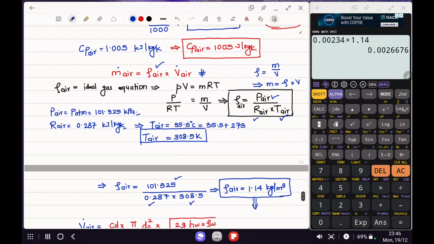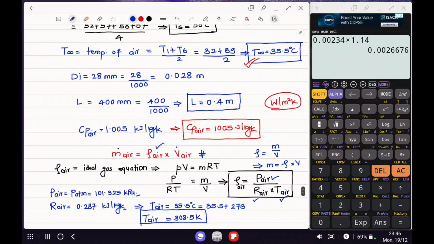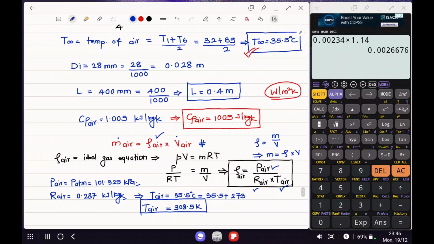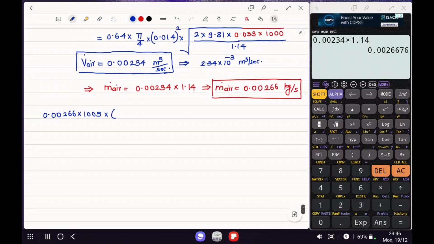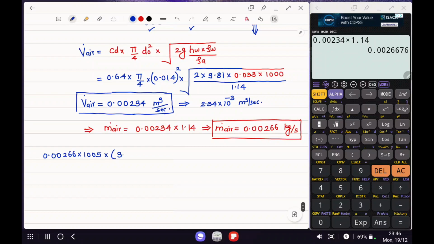that is T6 minus T1. So T6 is 39 and 32 is T1. So T6 minus T1, so 39 minus 32, this is equal to h into pi. The internal diameter of the pipe is 28 mm, so that is 0.028 meter.